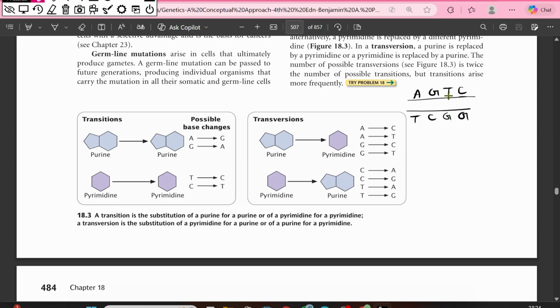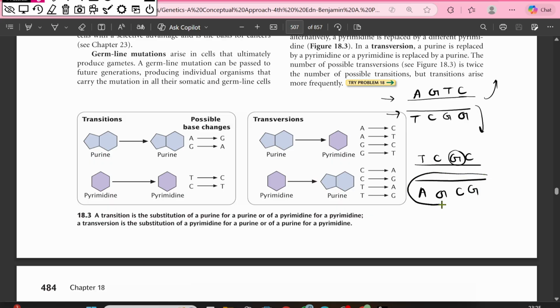Now we know that this is not correctly incorporated, but as soon as the two strands separate, this strand will act as a parental strand and this strand also. Now a new strand will be formed, and it would be like this. You see, for this incorrectly incorporated nucleotide, the complementary nucleotide is formed.